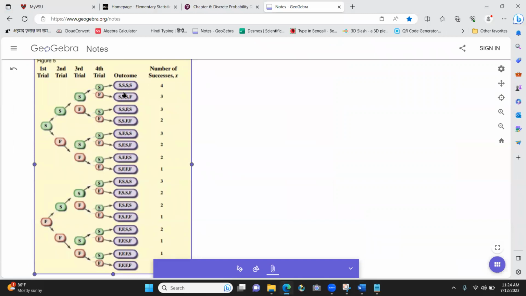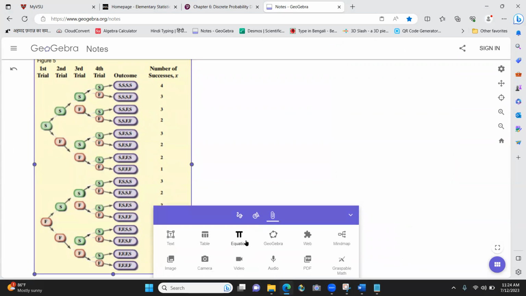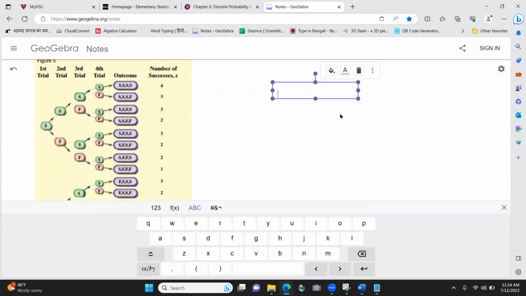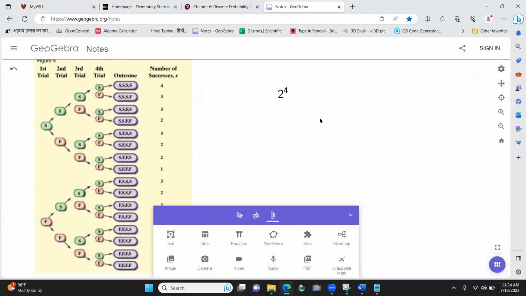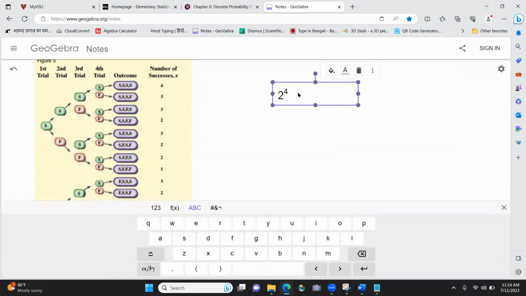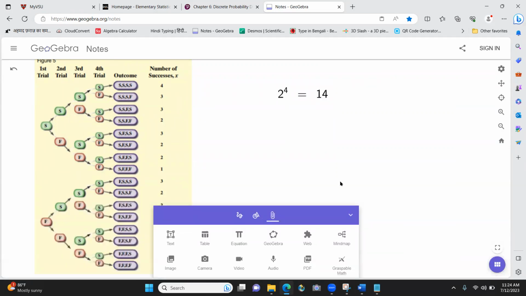You will see there are 16 outcomes. It really is 2 to the power 4, which is 16 outcomes. And 16 is a lot. You're doing a sample of four, and there are 16 different outcomes.